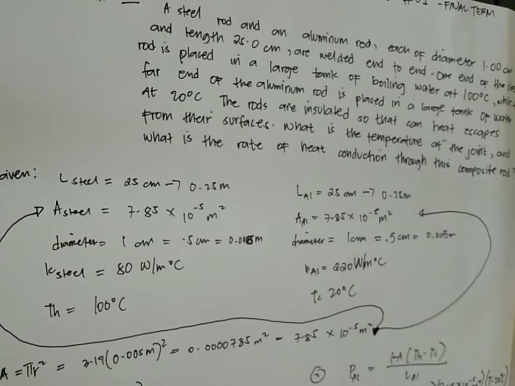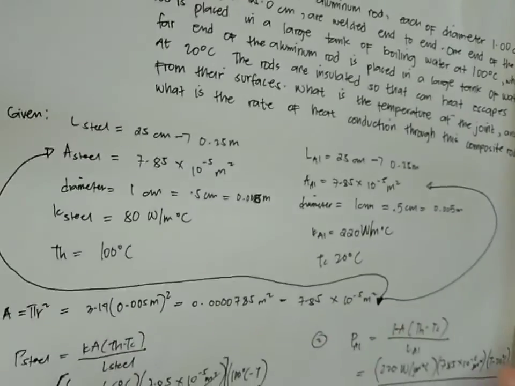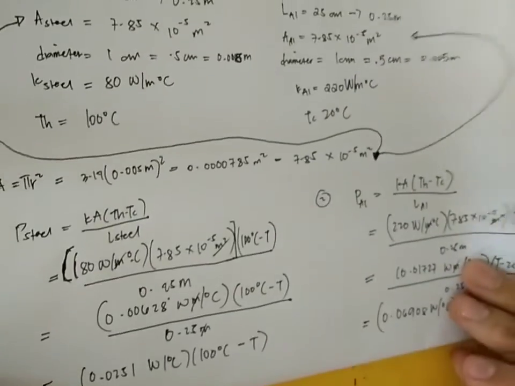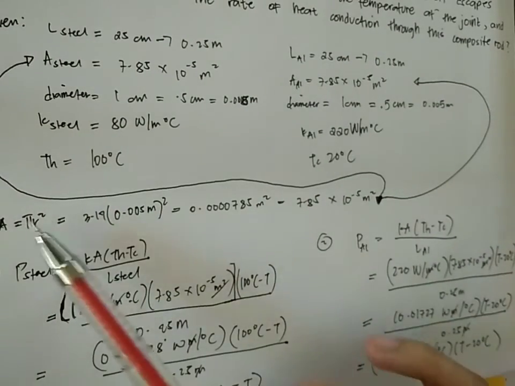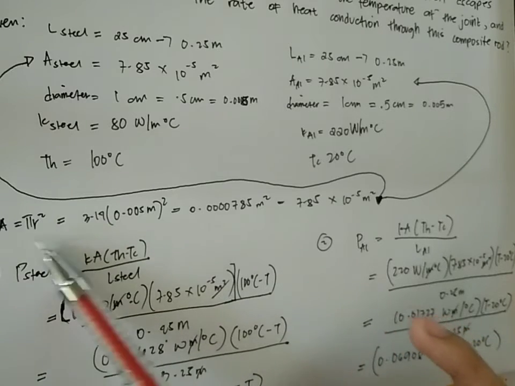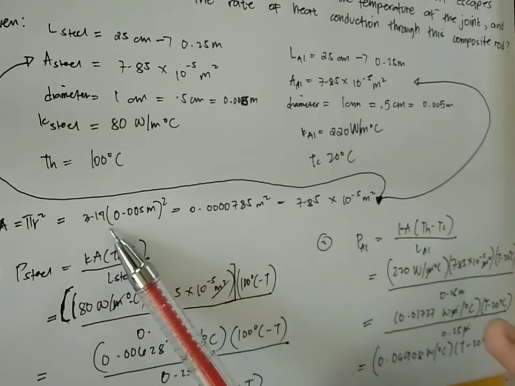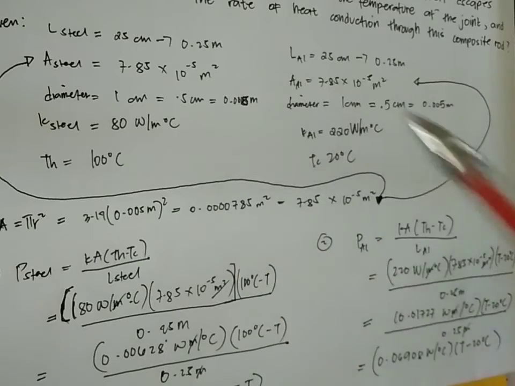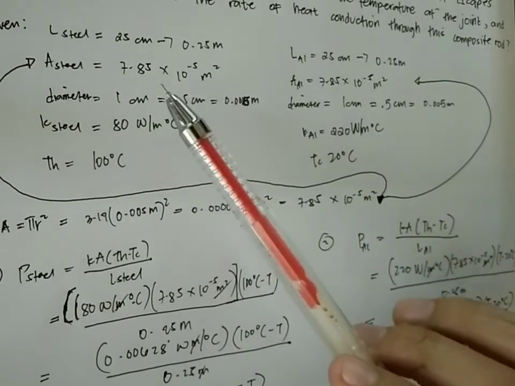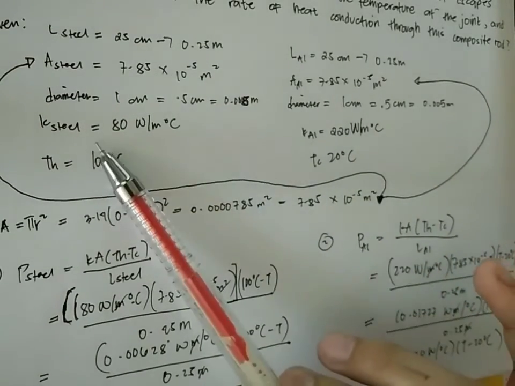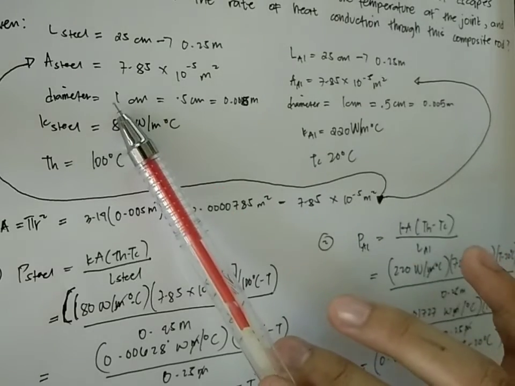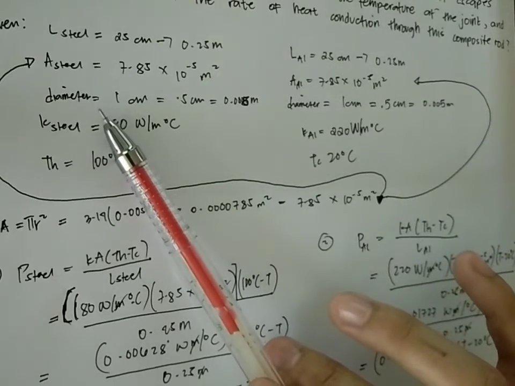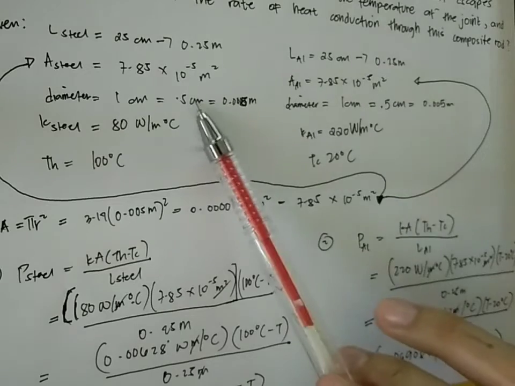The cross-sectional area of both is computed as follows. The area is equal to A equals pi r squared. So pi is 3.14 multiplied by the radius squared. The diameter is 1 centimeter, and the radius is half of the diameter, so 0.5 centimeter.